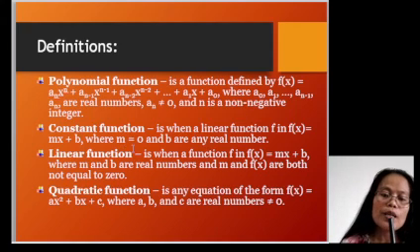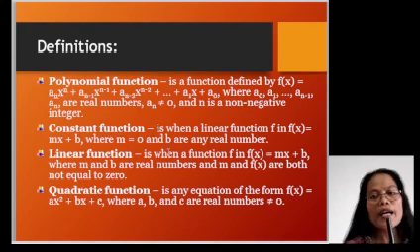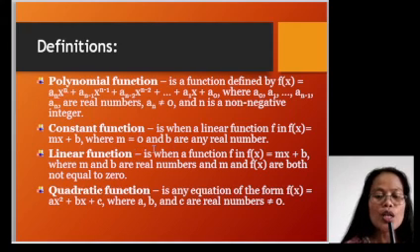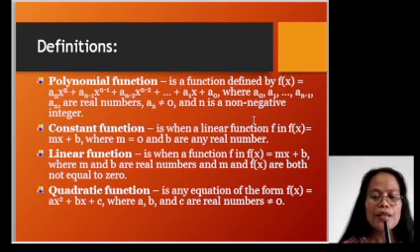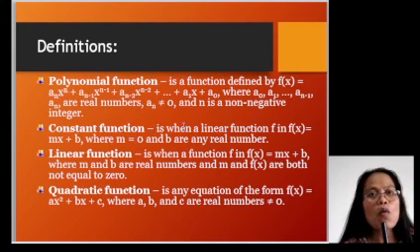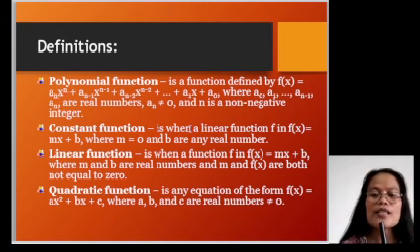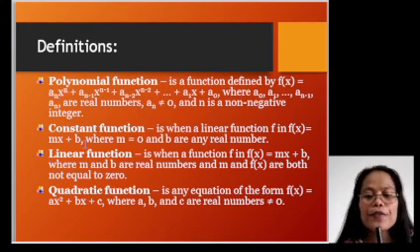The slope is equal to 0, like f of x equals 10. There is no slope, only a y-intercept, and that's any real number. Examples of constant functions: f of x equals 1000, f of x equals 1, f of x equals negative 5.